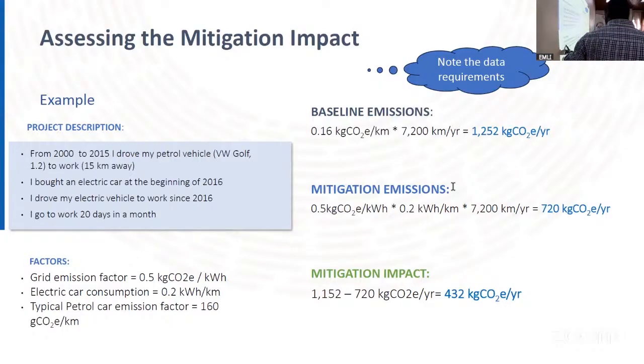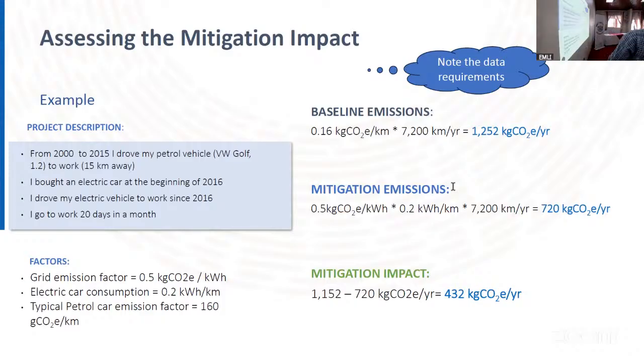Now, the electrical consumption is about 0.2 kilowatt hours per kilometer. And then for a typical petrol car, we are looking at the grams of carbon dioxide used to drive. The emission factor is about 160 grams per kilometer. We convert this to kilograms, about 0.16, right?